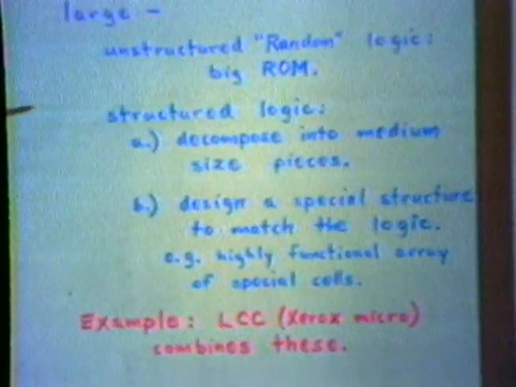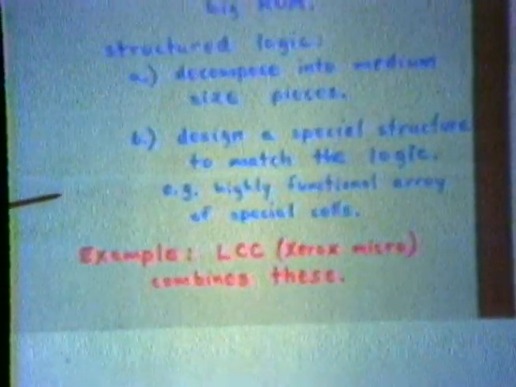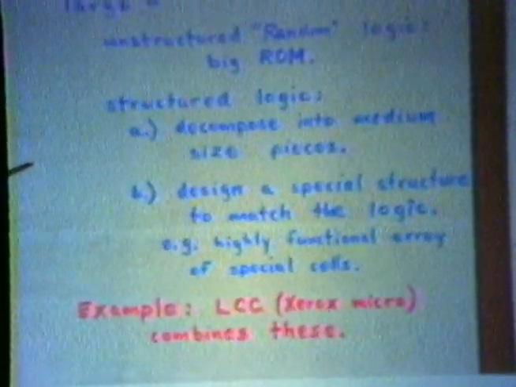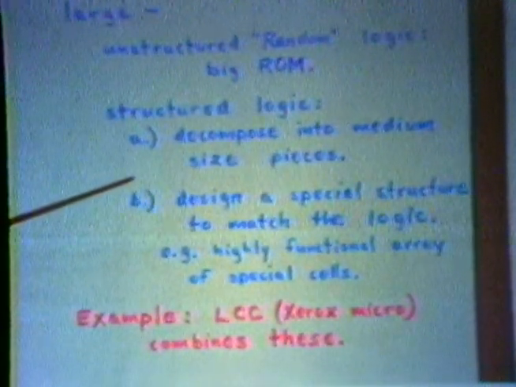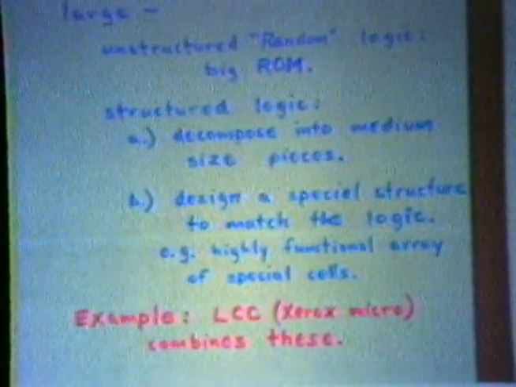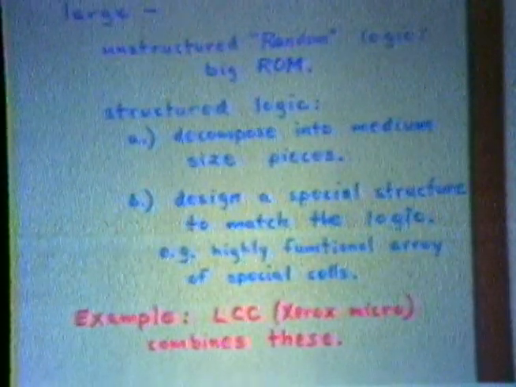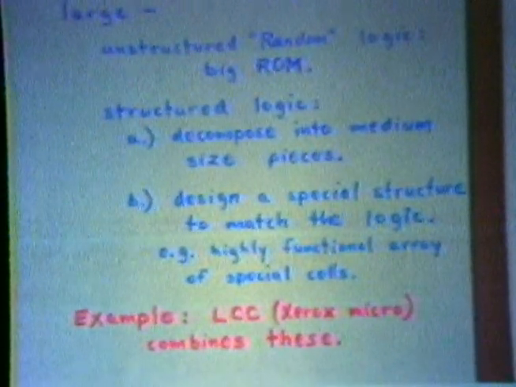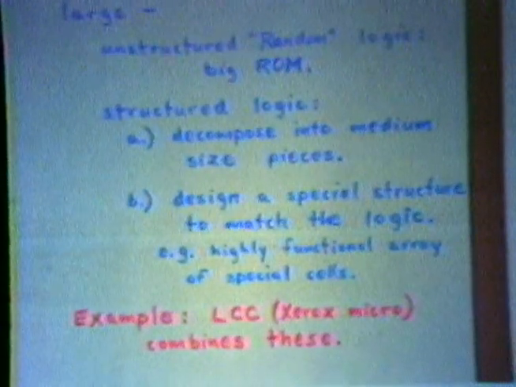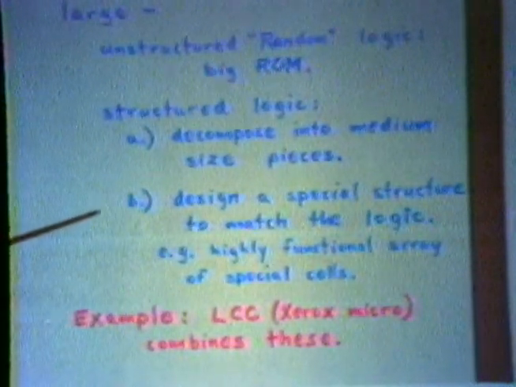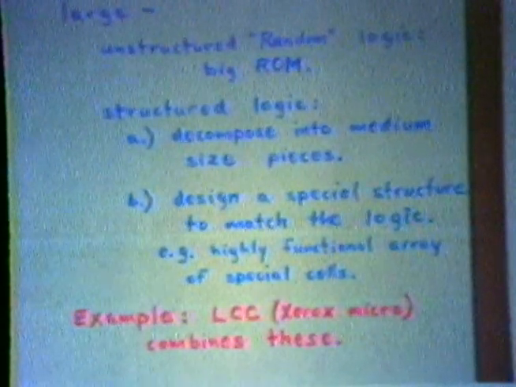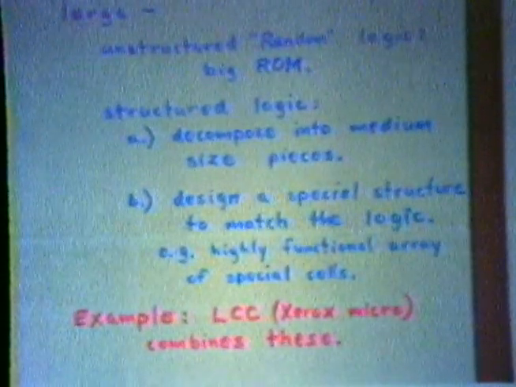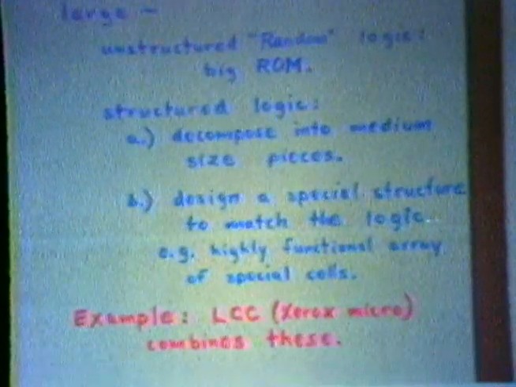If you have very structured logic, you have to take advantage of that structure. There's 2 ways to do that. Either your problem partitions in some way, it can be decomposed into medium-sized problems, which can then be implemented with PLAs or small ROMs, or some even simpler logic. Or you may have a structure such that it decomposes into a whole bunch of essentially identical pieces, and then you can build an array of that piece.